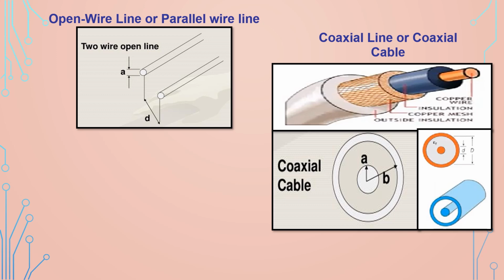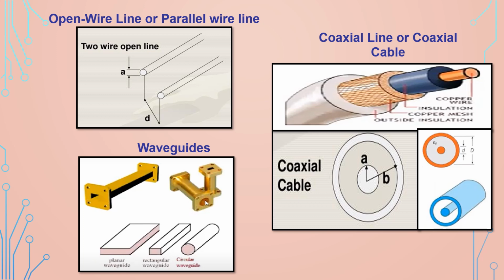A is the radius of the inner conductor, B is the radius of the outer conductor, and this is the dielectric present between them. Next are the waveguides, which we can see in our microwave lab. We have a rectangular waveguide and a circular waveguide. All these are microwave components.